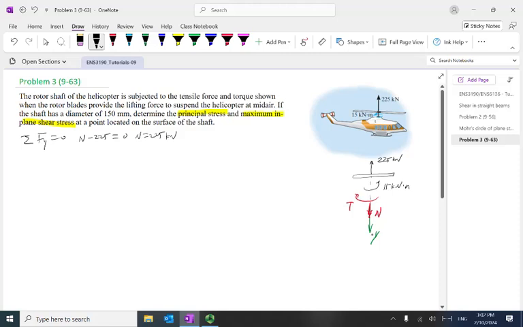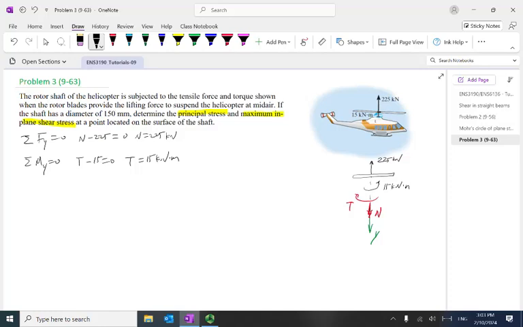Same way we calculate the moment. The summation of all the moments about y is 0. So T minus 15 equals 0, so T is equal to 15 kilonewton meter. So we have worked out the internal load N and also the internal torque.